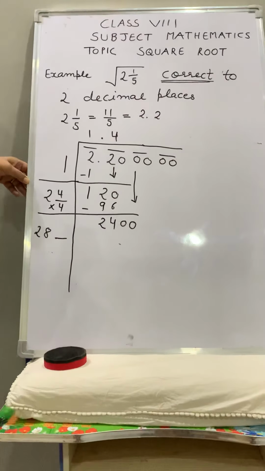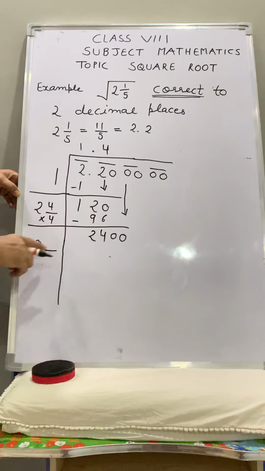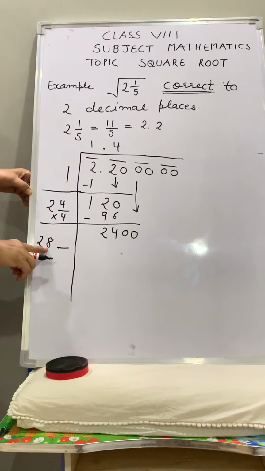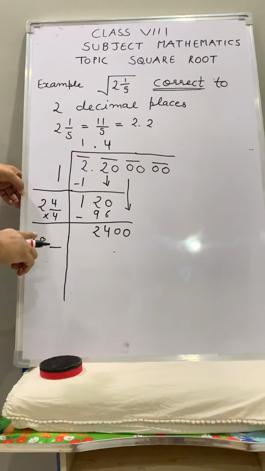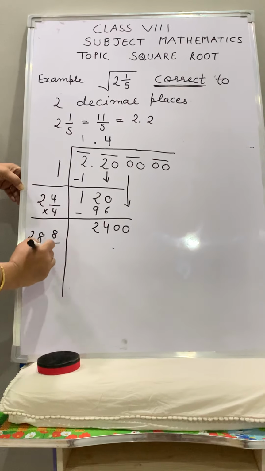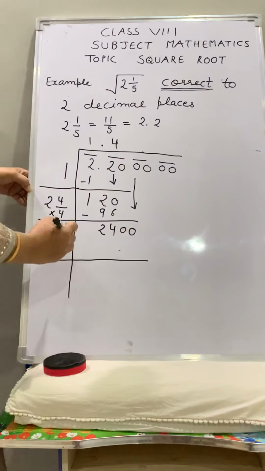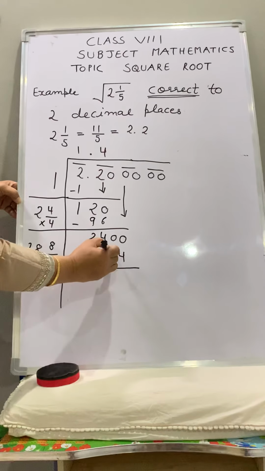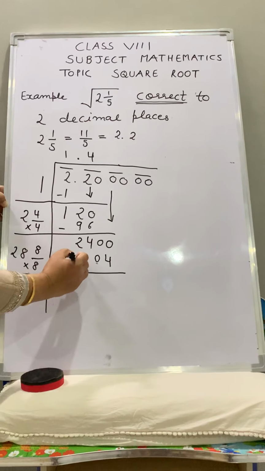What will we write here? Now 8 2s are 16, it is 24 and 8 8s are 64. 6 will be carry also, 6 and 16 is 22. We will write here 8 and multiply by 8. 8 8s are 64 and 6 carry, 8 2s are 16 and 7, 23.